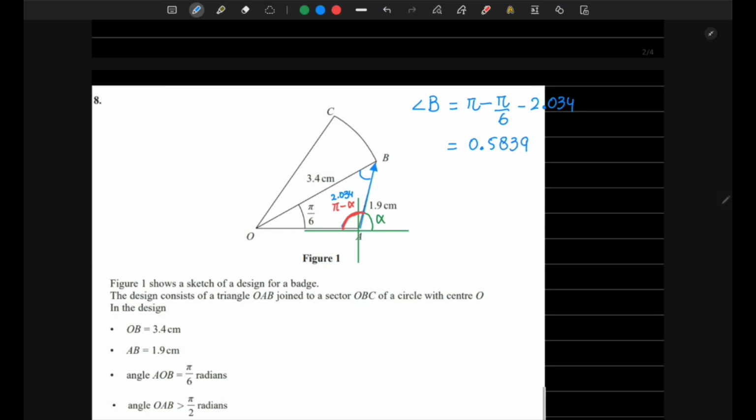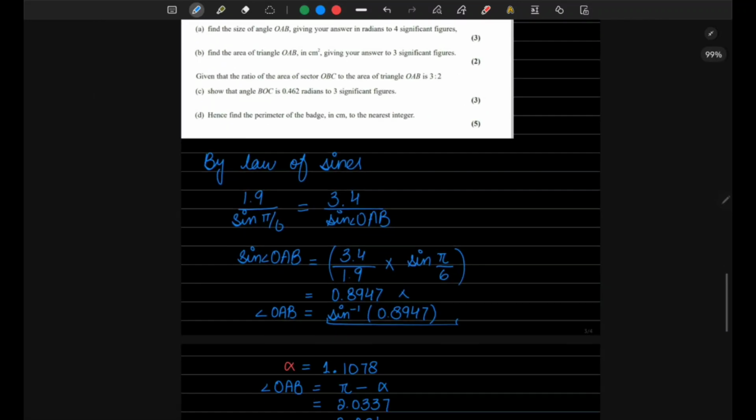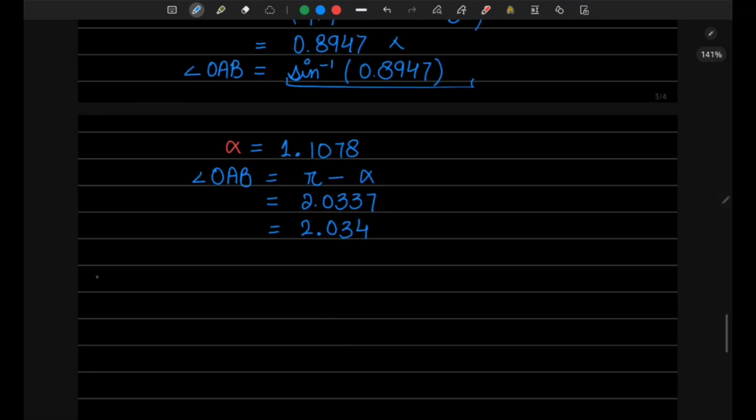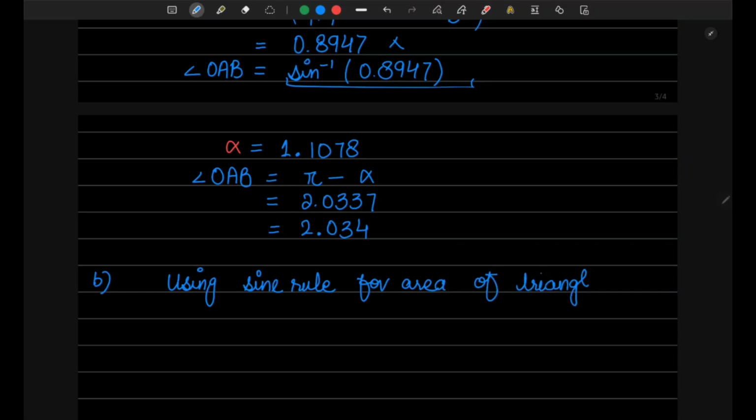Now we can apply the sine rule for the area of a triangle. For the area of the triangle, the area is half times 2 sides.